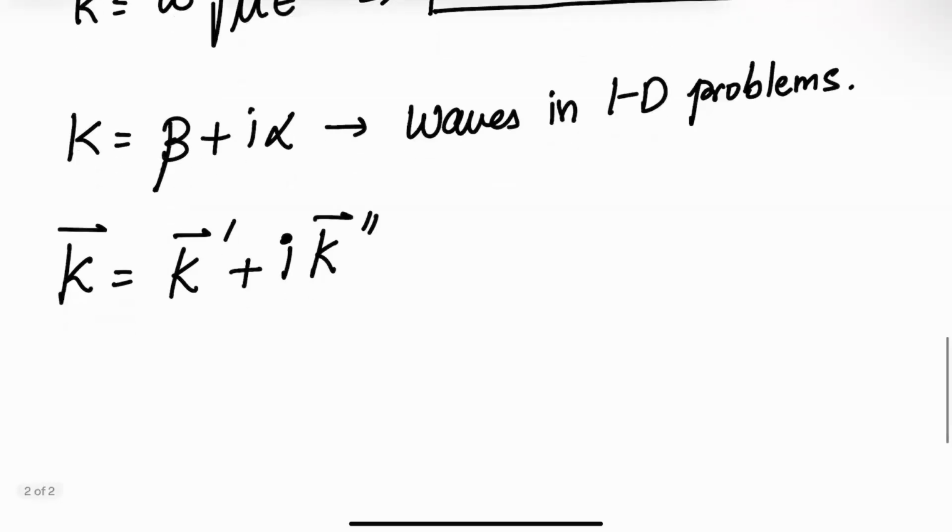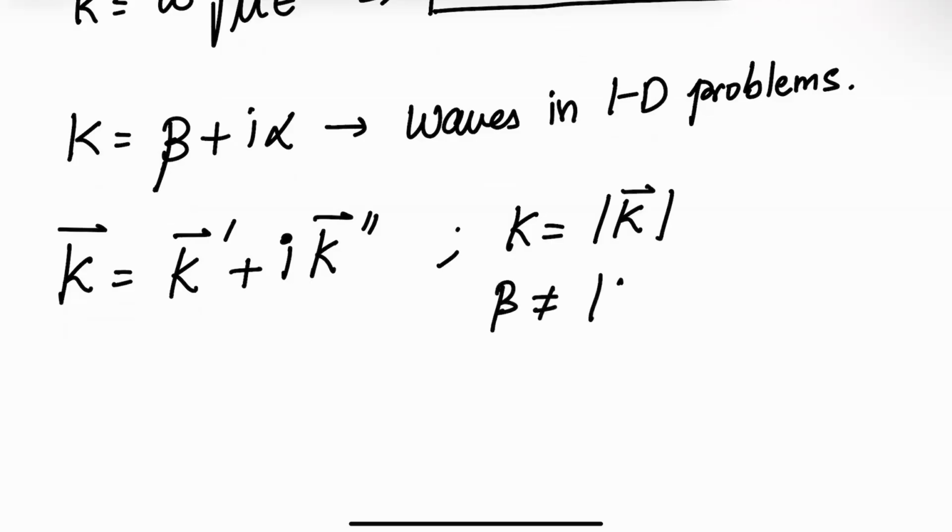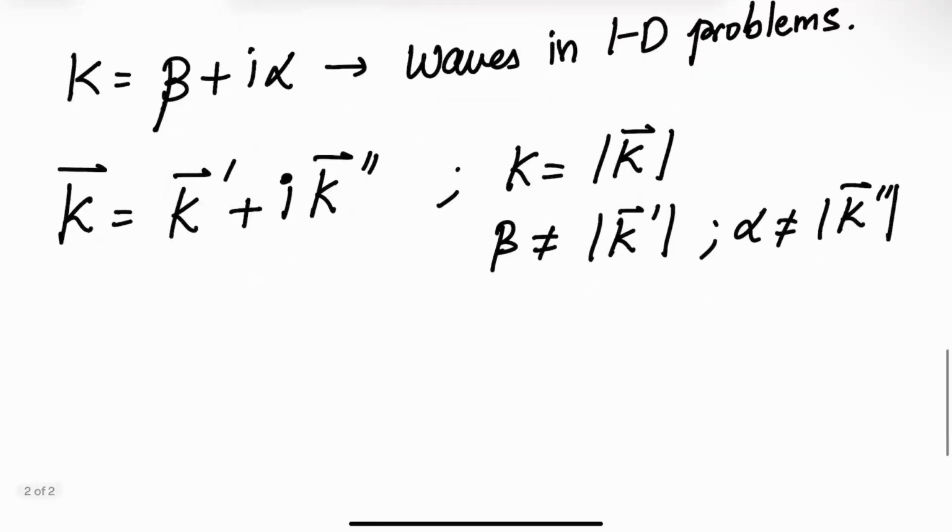Keep in mind that k is equal to the magnitude of the k vector, but beta is not equal to the magnitude of k prime, and similarly alpha is not equal to the magnitude of k double prime. So what are beta and alpha?